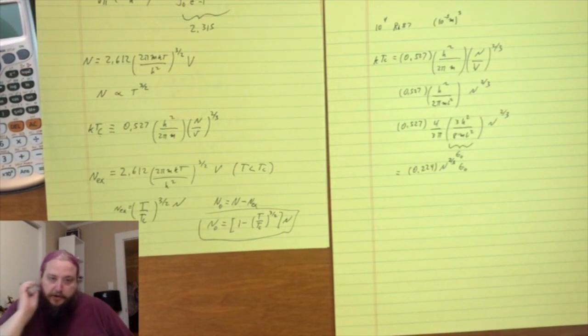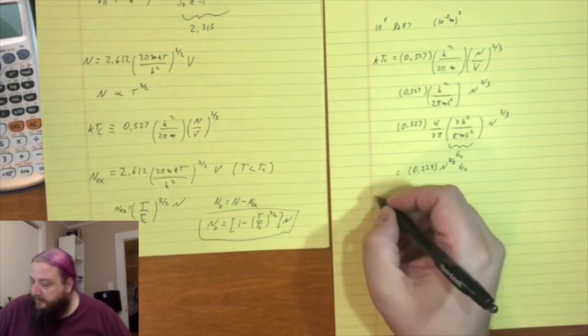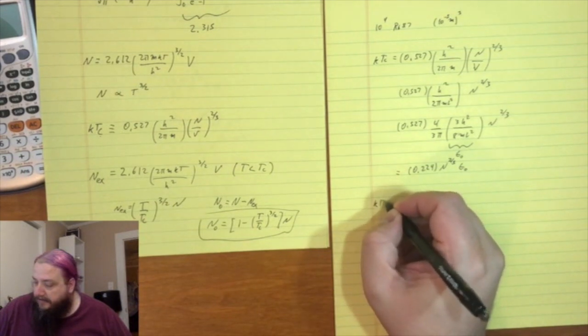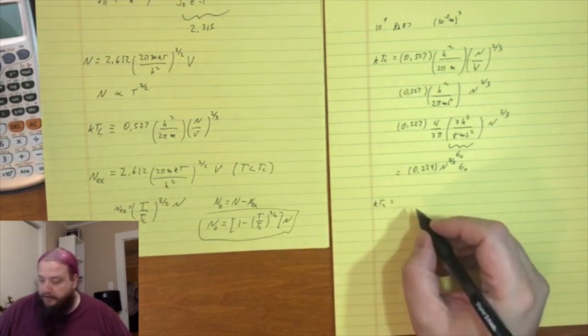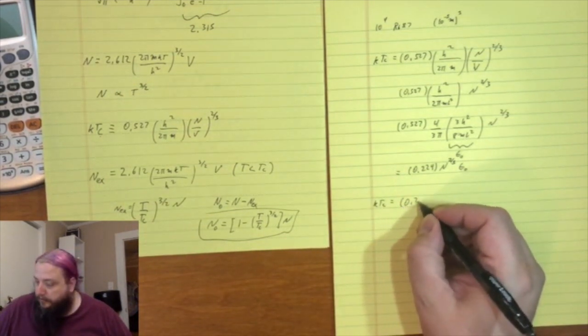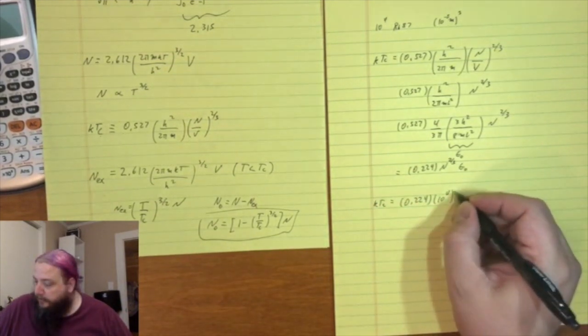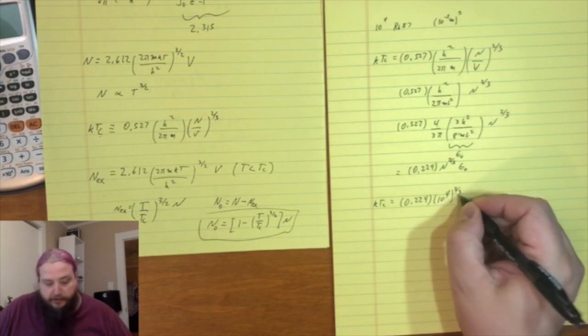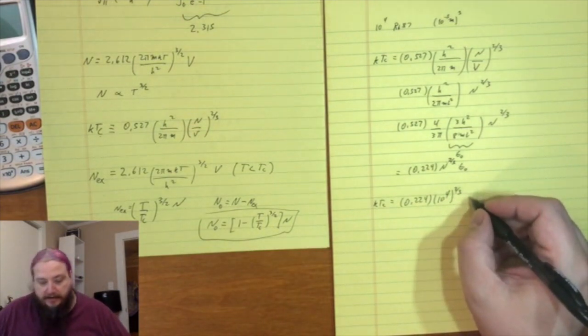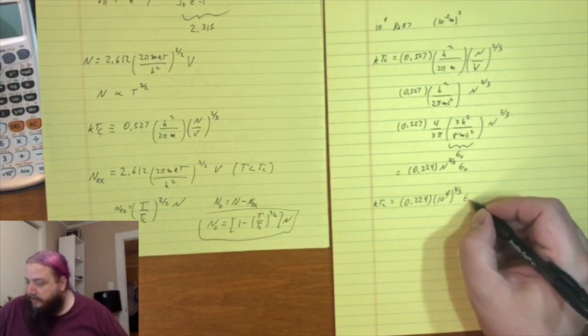And so for our rubidium-87 atoms, that's kTc equals 0.224 times 10 to the 4th to the 2/3, and our ground state energy.